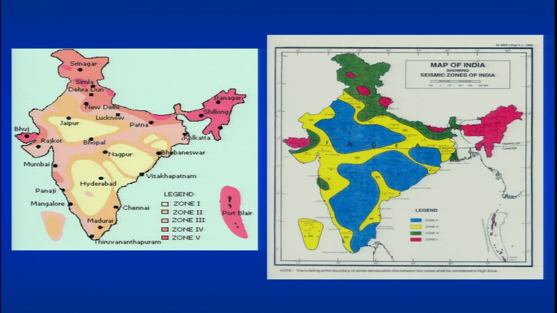Now this revision was carried out after the 2001 Bhuj earthquake, which was experienced by the existing population. But if you don't have any record that exists in the historical chronicles, then you are probably going to underestimate the hazard related to it.